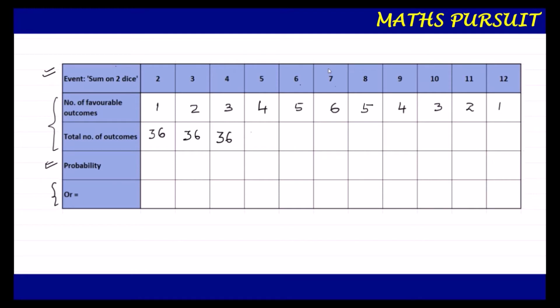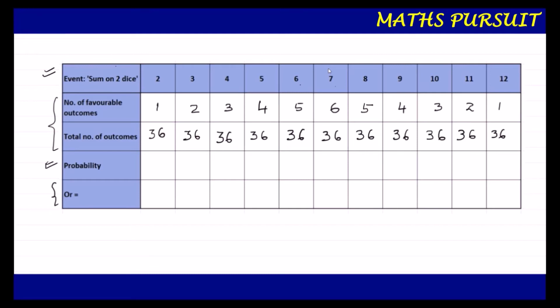For that reason, I am going to quickly fill up the total number of outcomes with 36. 36 remains the same. This will never change because we are throwing 2 dice. After throwing 2 dice, the total number of different combinations we will get is 36. You can easily identify it from the earlier colored diagram.